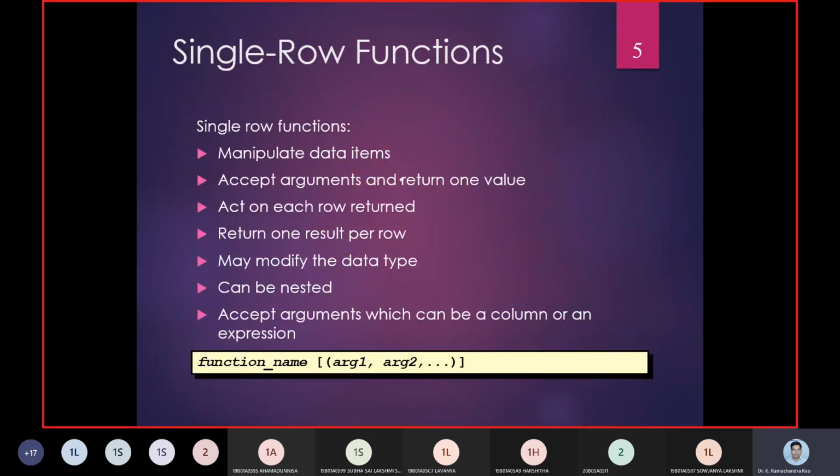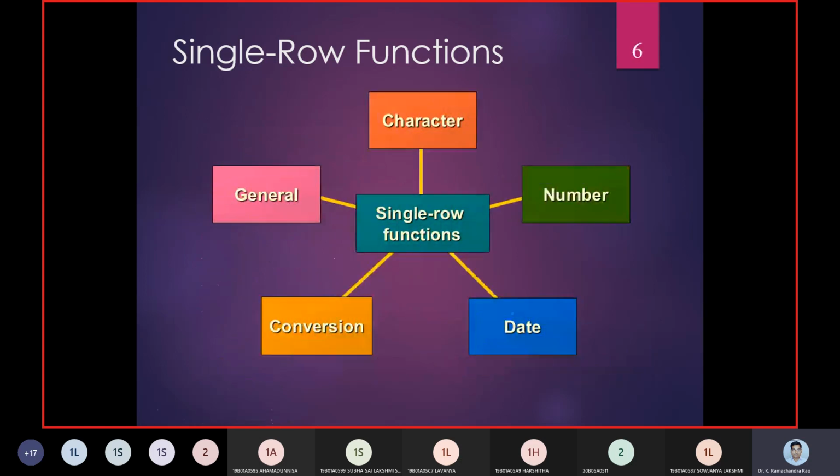So single row functions are going to manipulate the data, they get arguments and they return only one value, and they can be nested, so they can modify the data, etc. There are some examples of single row functions, categories of a single row function.